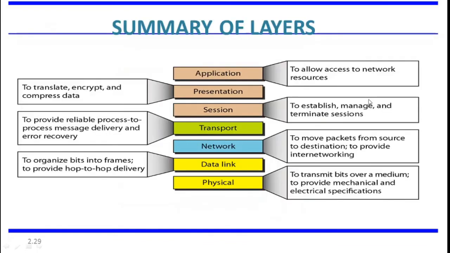And when you compare its works, the application layer allows the access to the network resources. Various applications which are available are handled by the application layer. Whereas the presentation layer translates, encrypts and compresses the data depending upon the customer's requirement.